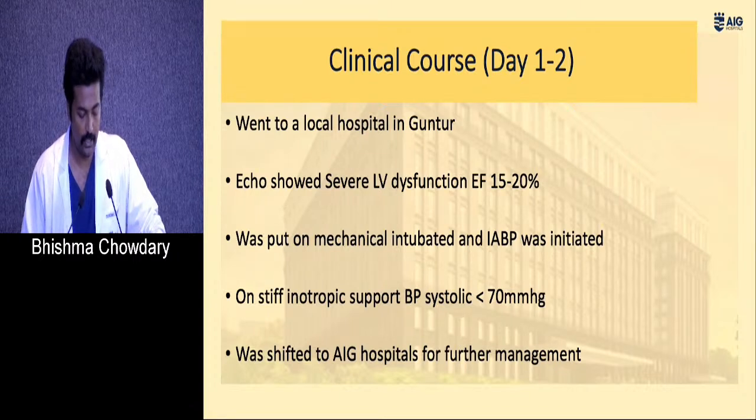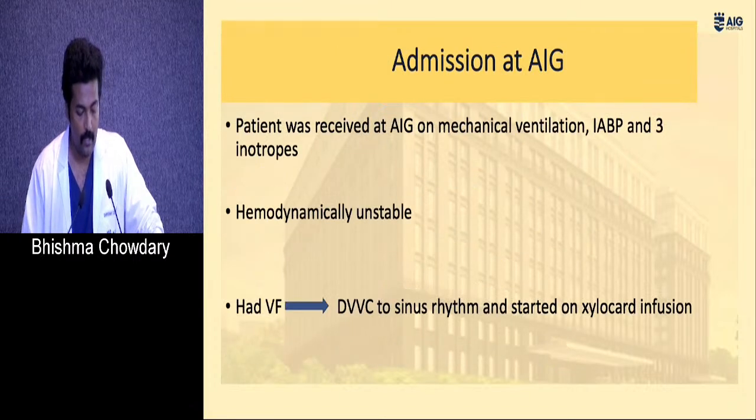So she came to AIG Hospital, and on receiving the patient, she was on mechanical ventilation, IABP, and 3 inotropic supports at very high doses, hemodynamically unstable. She had a VF within the first 20 minutes of shifting to our hospital, for which we had to cardiovert her and started a Xylocard infusion.